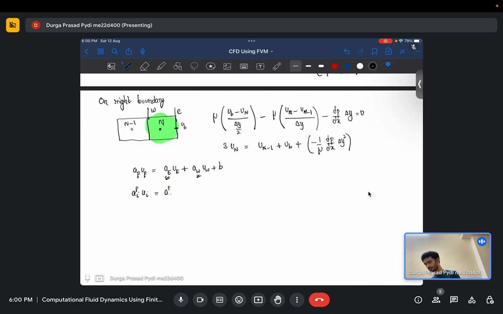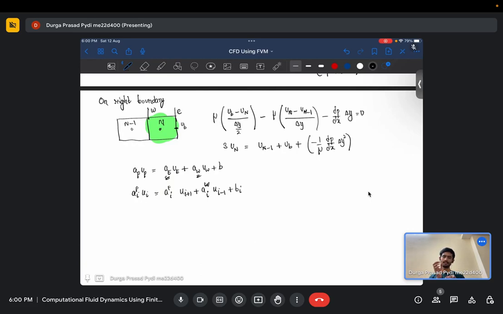Essentially a east is something like i plus 1, a west is something like i minus 1. Let us be consistent. So for the ith cell, I am writing it like this, u i minus 1 plus bi.